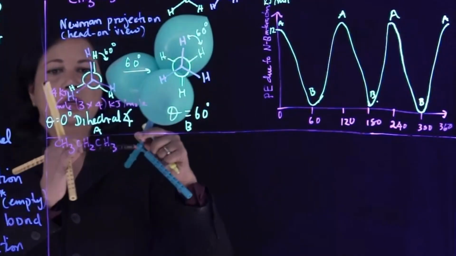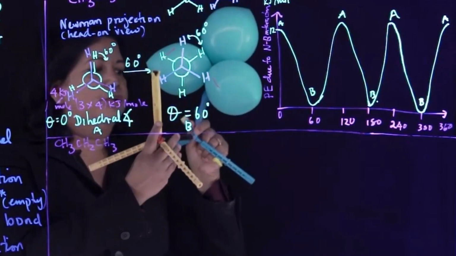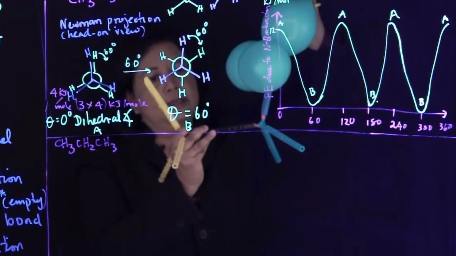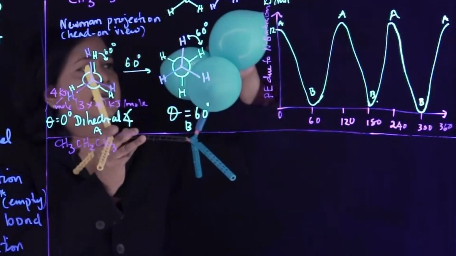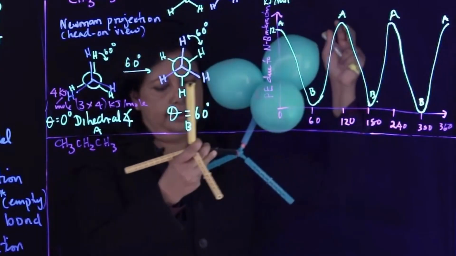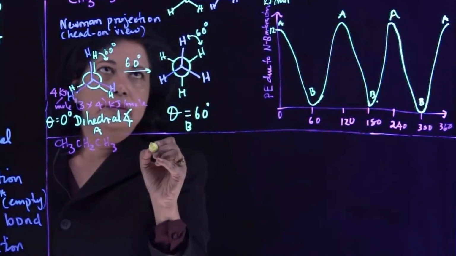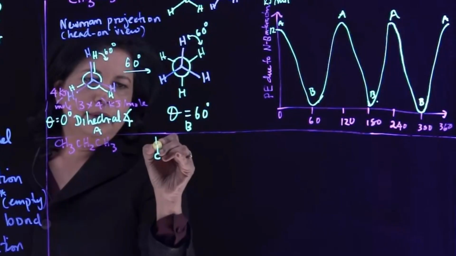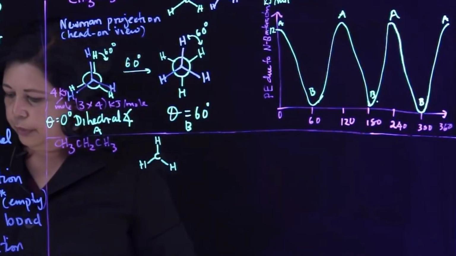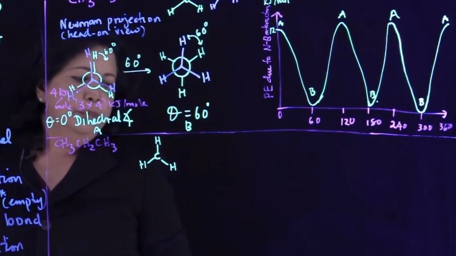So here you are going to have the CH3, then a CH2, then another CH3. Putting this like this just to show you that you have a group here. So let's draw it out. See, it's always a good idea to draw it out like this before you start drawing the Newman.